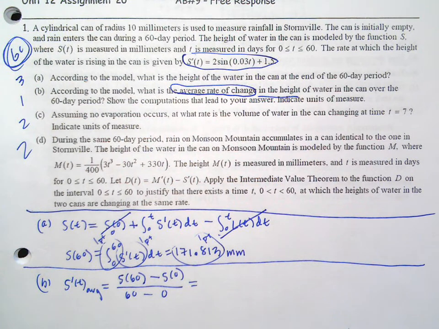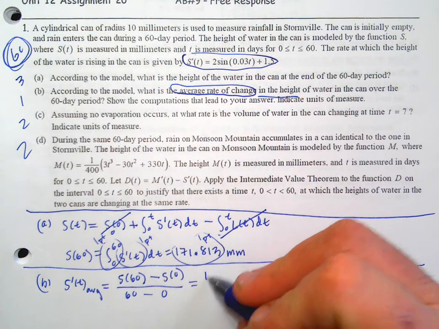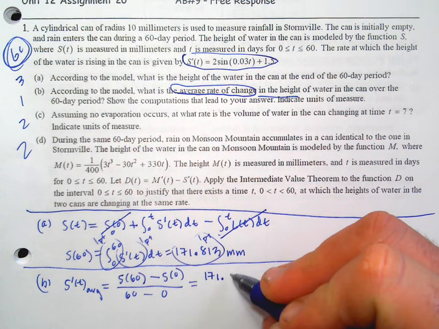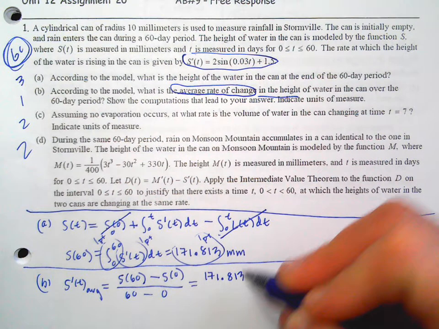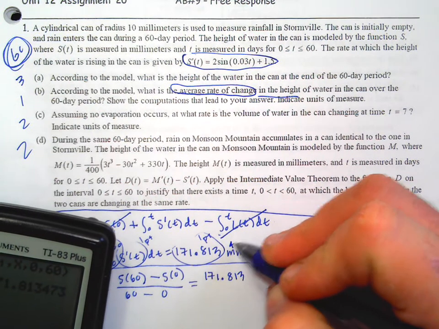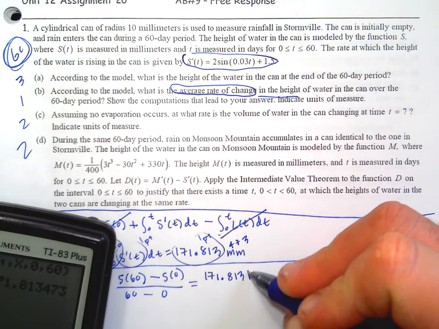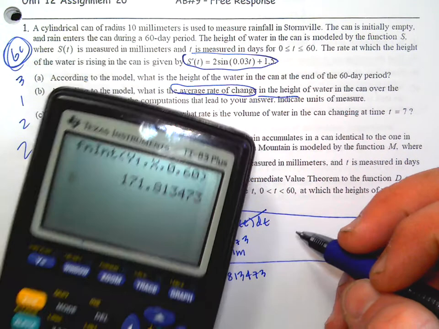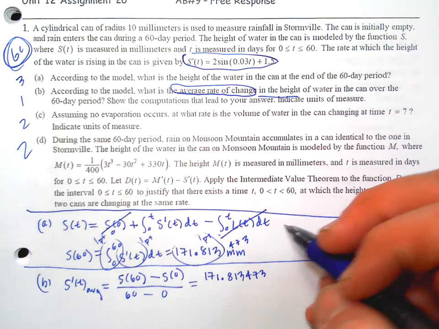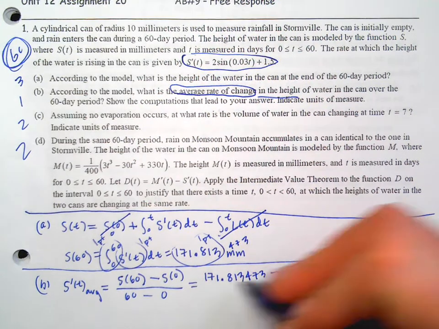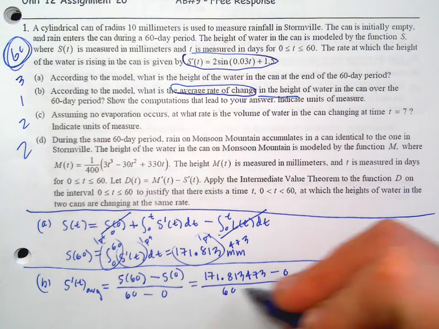That's probably easier. And by the way, we just found S(60). That's convenient, 171.813. I'm going to write a couple extra decimals here just because we're using it to calculate something else. I'm glad I didn't lose it. Minus the height at time 0, which was 0, over 60 minus 0.